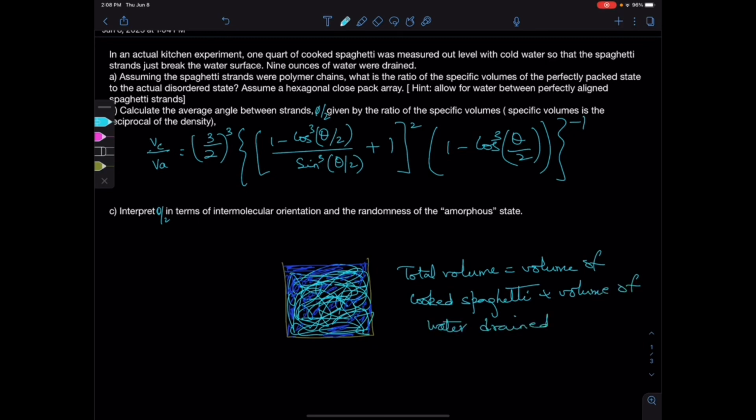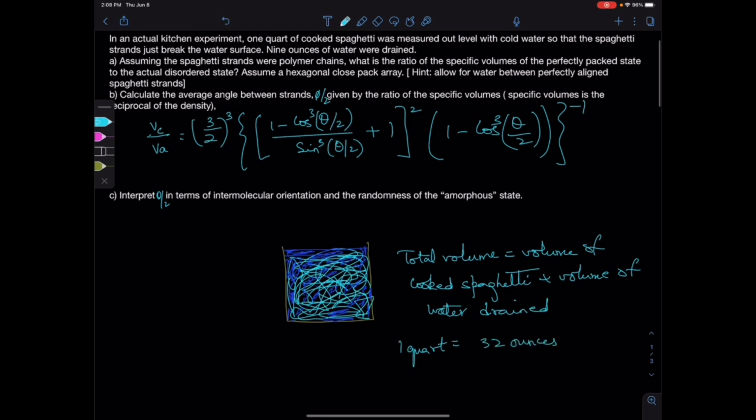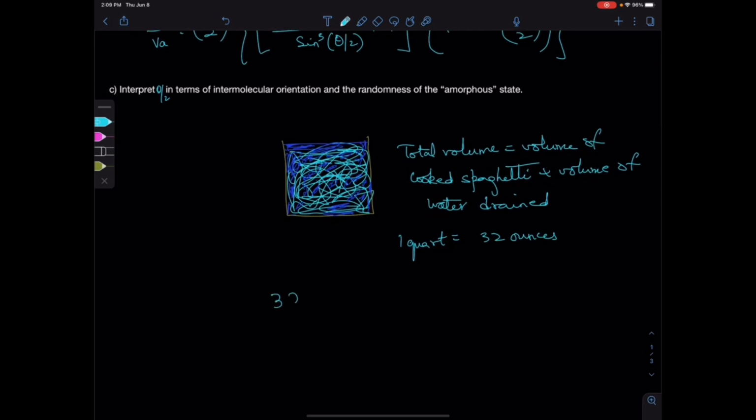So the total volume is 1 quart, and 1 quart is 32 ounces. So the total volume 32 equals volume of the cooked spaghetti plus the water drained, which is 9 ounces. So volume of spaghetti is 23 ounces.